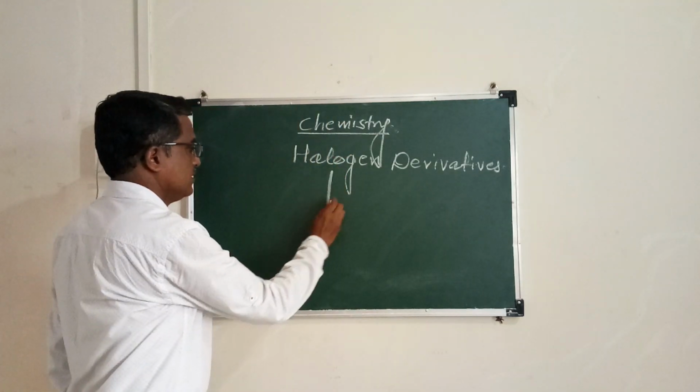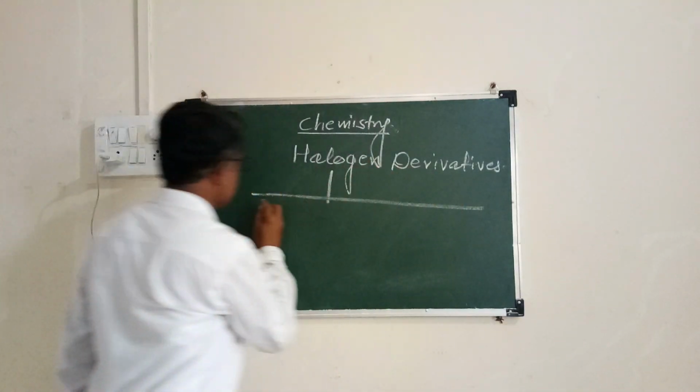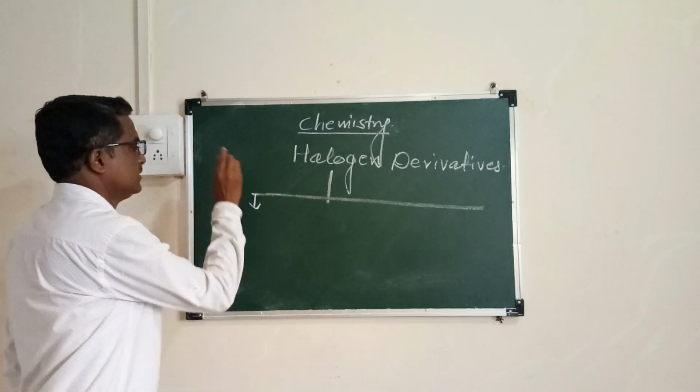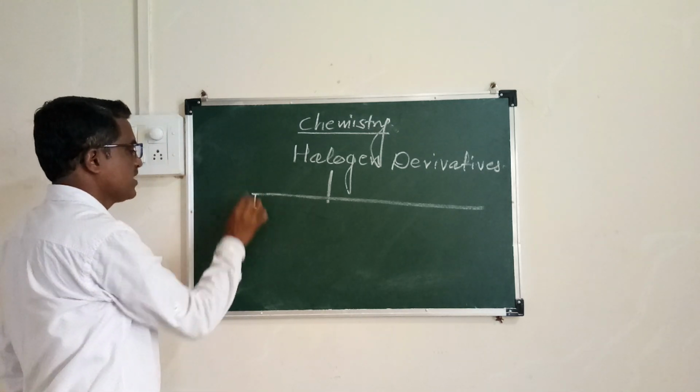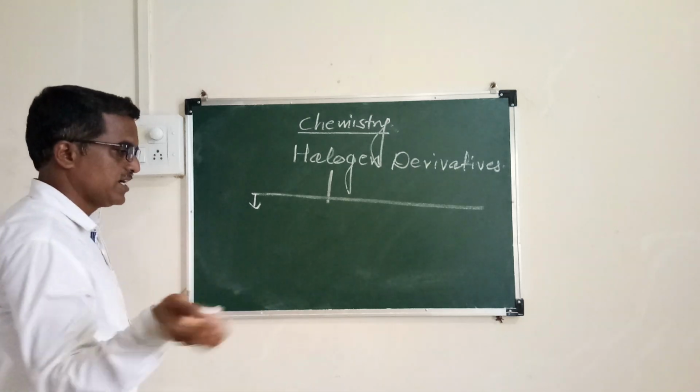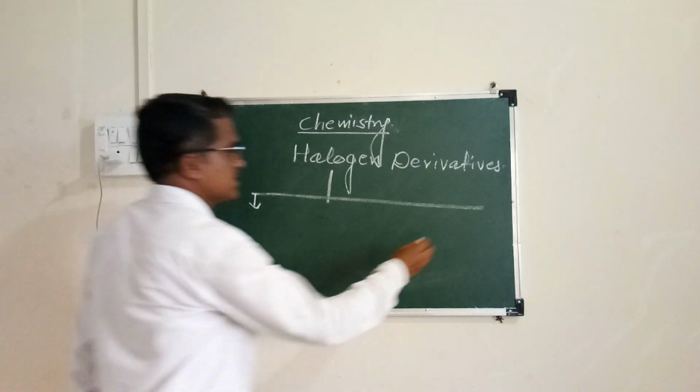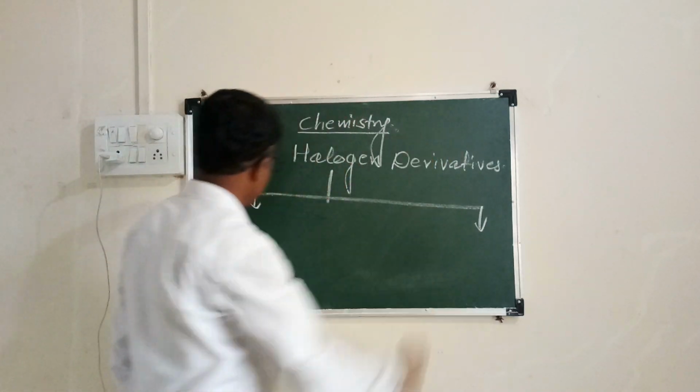That is, the halogen derivatives of alkanes are classified into two types: on the basis of the carbon skeleton to which the halogen atom is attached, and on the number of halogen atoms present.